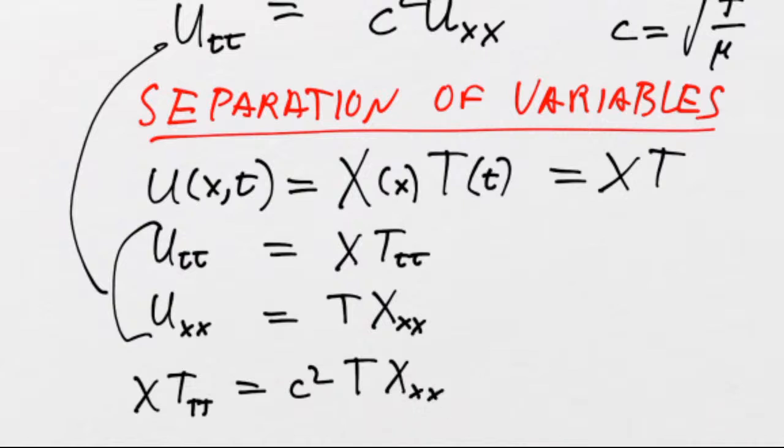This expression is really important because it's uniquely set up in a way that allows us to put everything that's an x on the right and everything that's a t on the left. And that's not hard. I just divide by T, and then I divide by X. So I get T double prime, the second derivative of T with respect to time, over T equals c squared times the second derivative of X with respect to x over X.